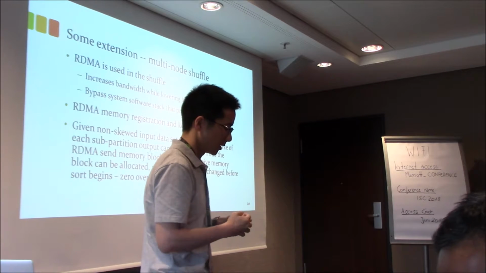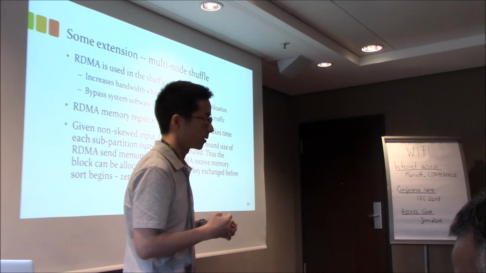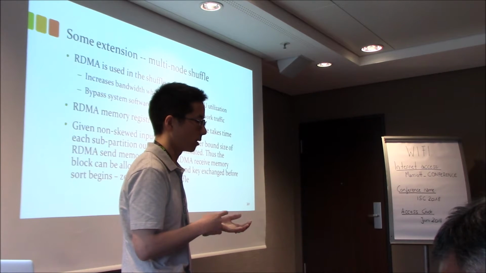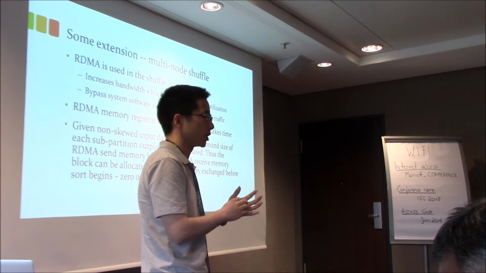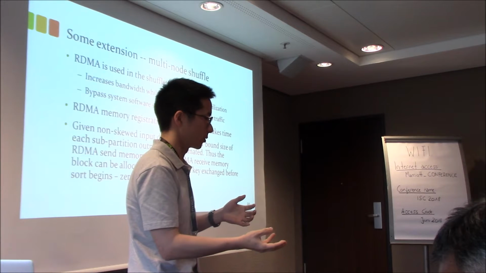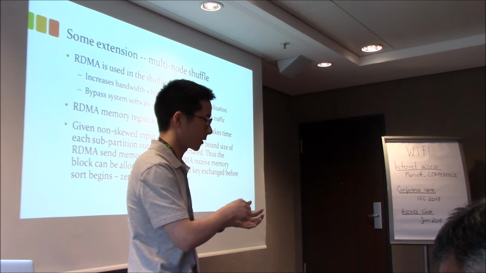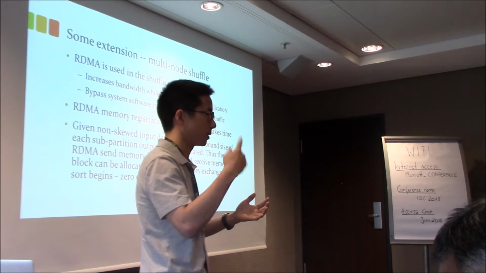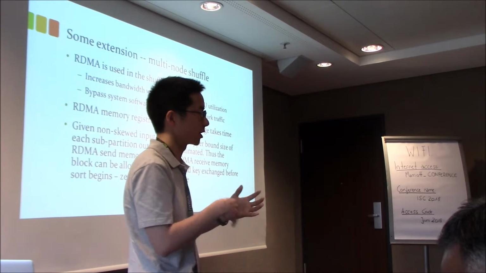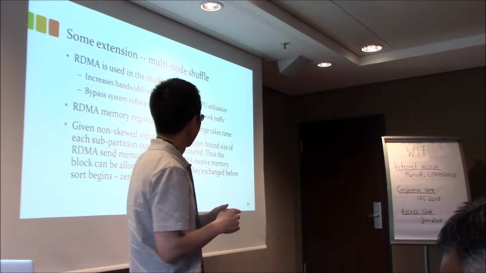But the problem is we found that RDMA, because the IB verbs require the memory regions involved in RDMA to be registered before they can be used, and the key of the memory region needs to be copied to the peers. So this is a high cost initialization.